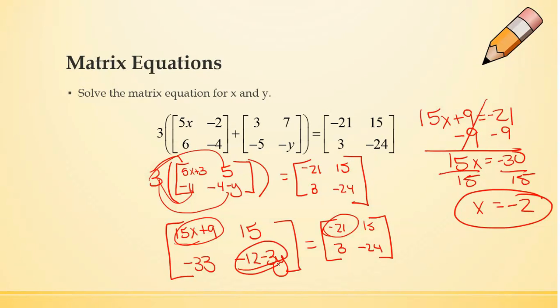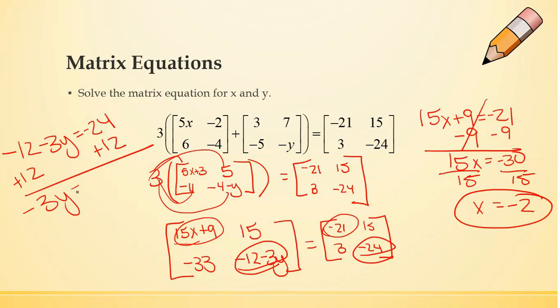So I know negative 12 minus 3y is equal to negative 24, because they're both the same element in the same place. So I'm going to have negative 12 minus 3y equals negative 24. Looks like I have to add 12. Divide by negative 3. So it looks like we get y equals 4.